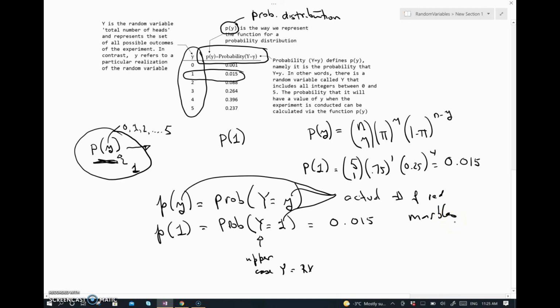So the key thing that I want to emphasize is to make a distinction between capital Y, the set of all possible outcomes that could occur when the experiment is run, and lowercase y, which is the single actual observed value you get when you do the experiment.